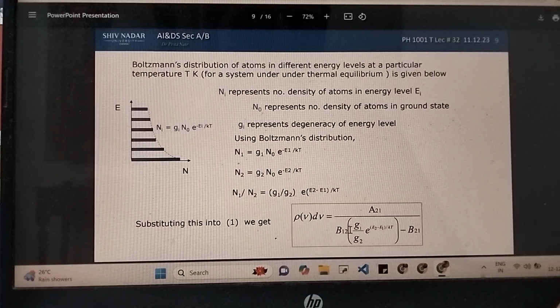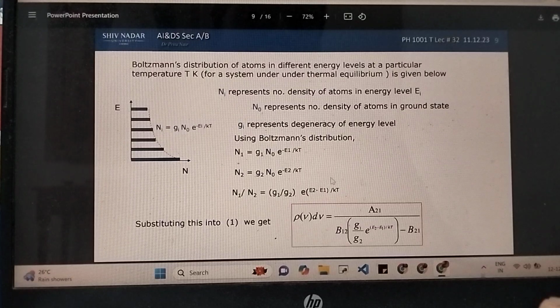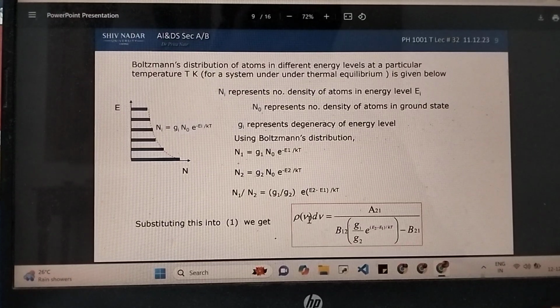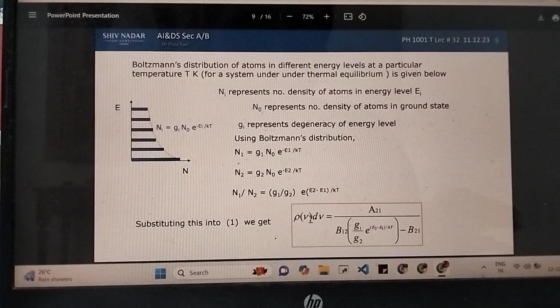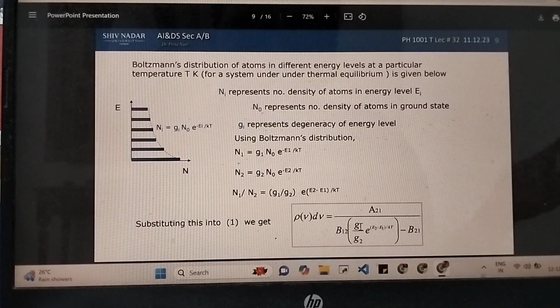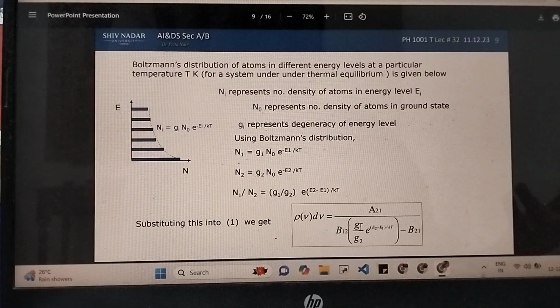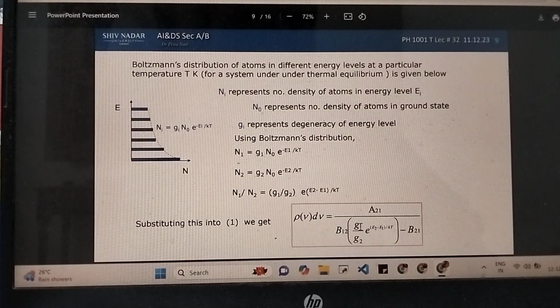You get A21 upon B12, G1 by G2, e raised to E2 minus E1 by kT, minus B21. This is the expression you get for energy density of incident radiation, where G1 and G2 are the degeneracy levels of the energy levels E1 and E2 respectively. What is degeneracy? It is the number of degenerate states it has.